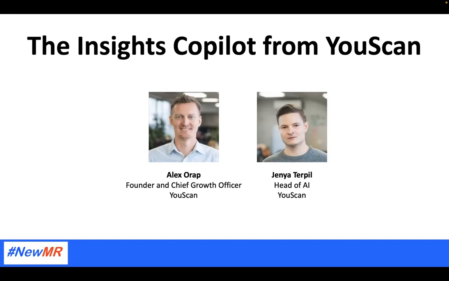Excellent. You've shown divided analysis by country, which is another question. But there's also a question about the number of people. One of the challenges always with social media is you might have 1,000 people making one comment and one person making 1,000 comments. How do both YouScan and the Insights Copilot deal with balancing people who make a few comments with people who make a lot of comments?